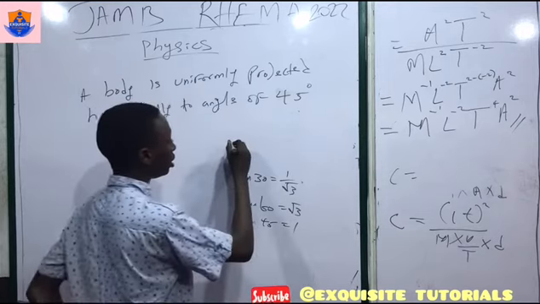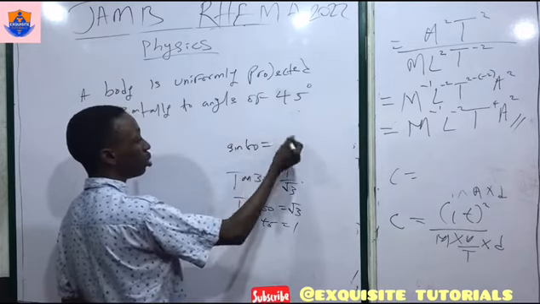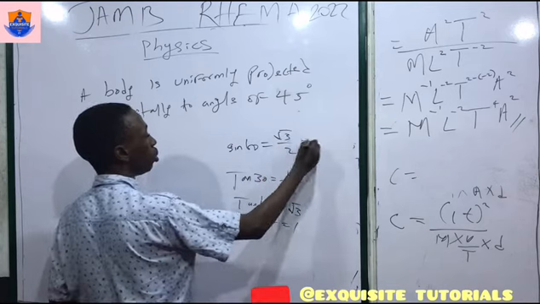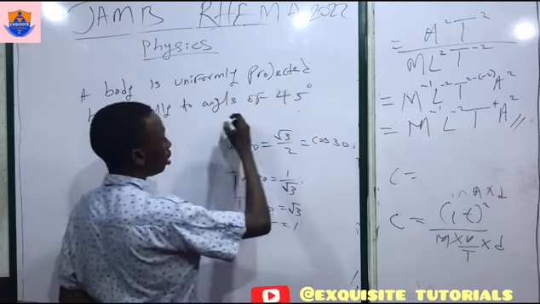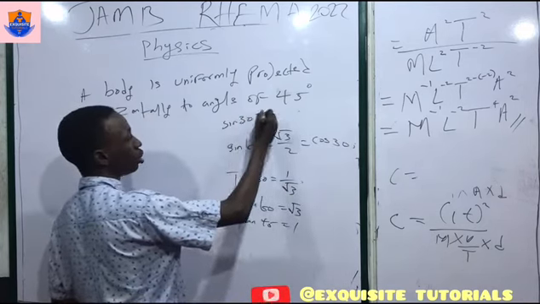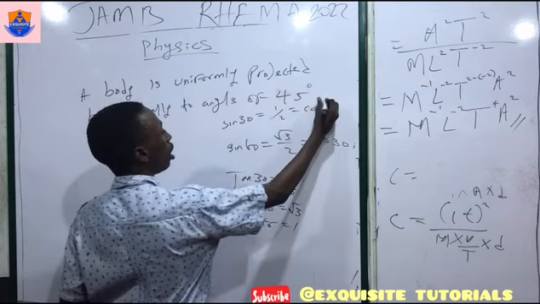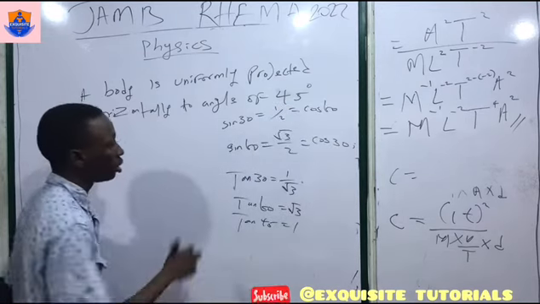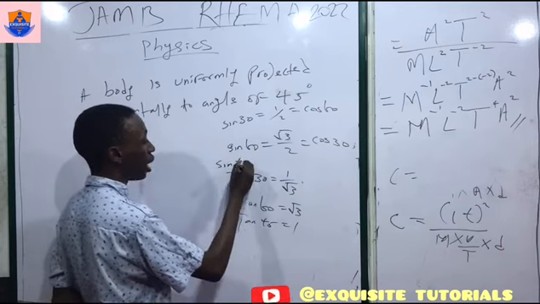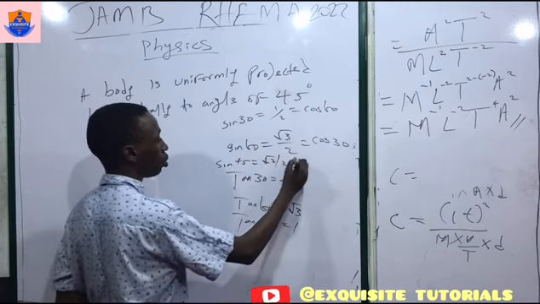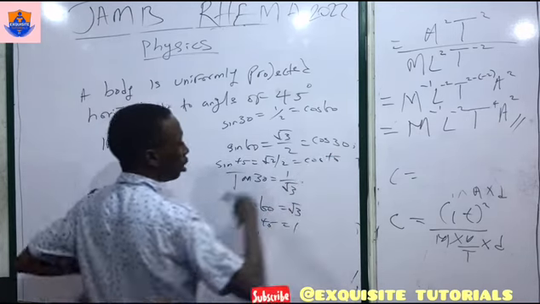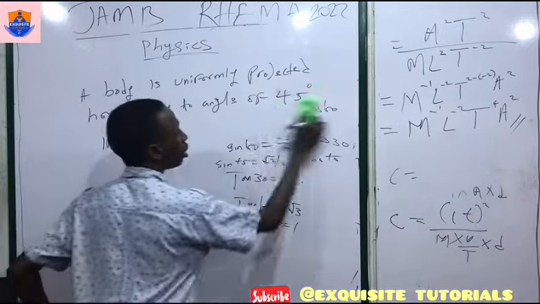Sin 60 is root 3 over 2, equal to cos 30. Sin 30 is 1 over 2, equal to cos 60. Sin 45 is root 2 over 2, equal to cos 45. We should know all these special angles.